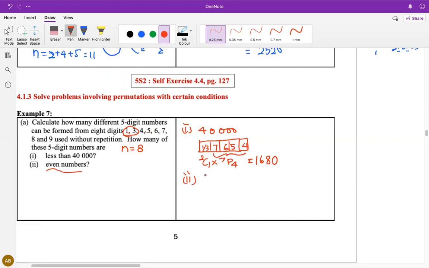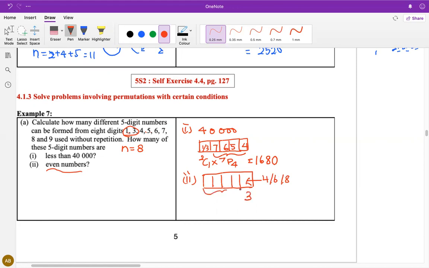Okay, number 2, even numbers. How many of these 5 digit numbers are even? The last digit is even. It can be filled in by 4 or 6 or 8, so there are 3 possible ways.